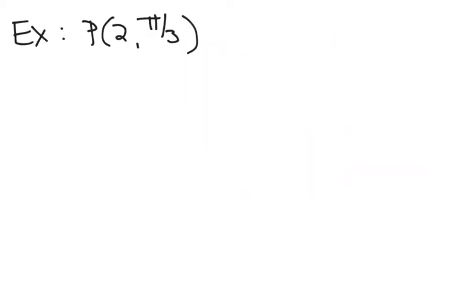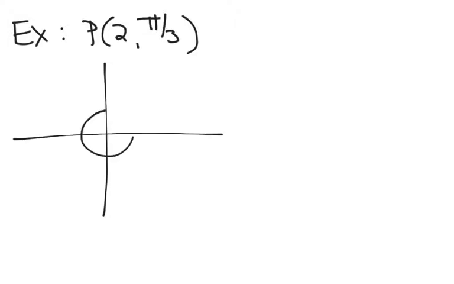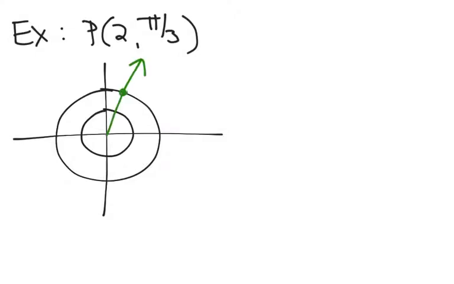So let's talk about the polar coordinate 2, 2 pi over 3. Now, if you want to graph 2 pi over 3, pi over 3 would be about here, and this is where 2 pi over 3 would be. Well, we want to find other polar coordinate representations for this. Well, let's start with if r is positive, which it already is.